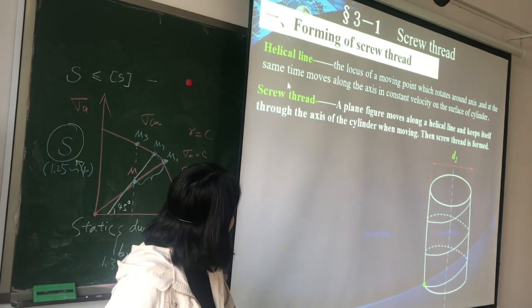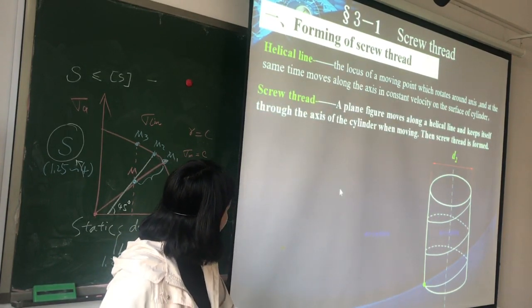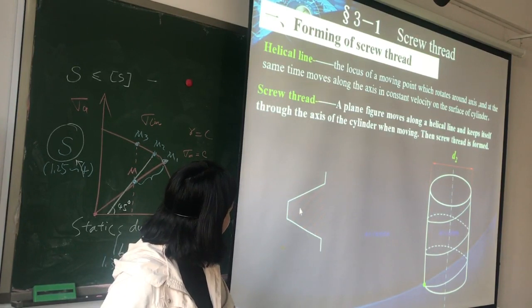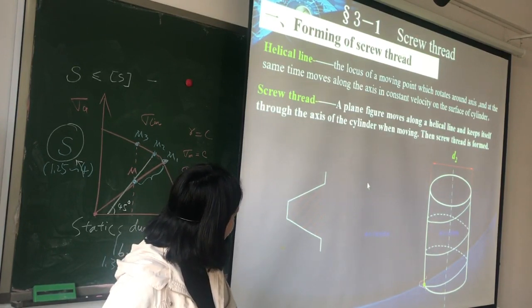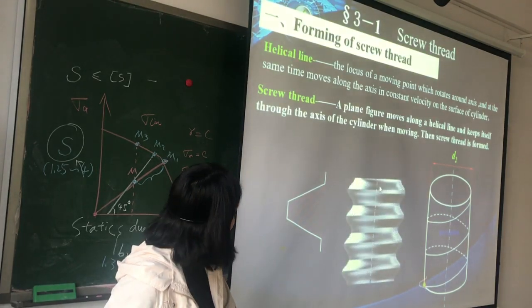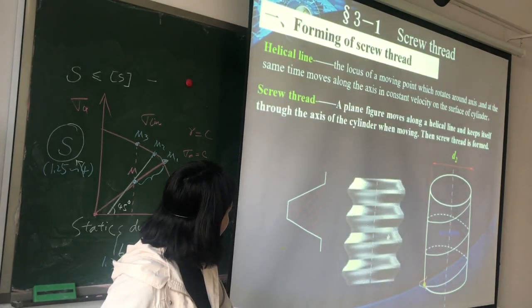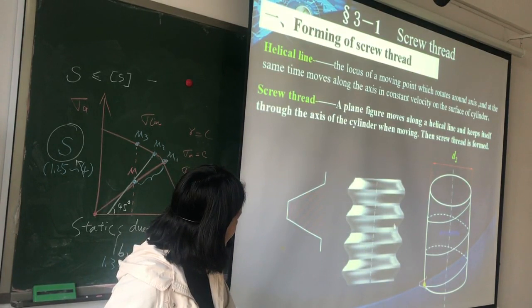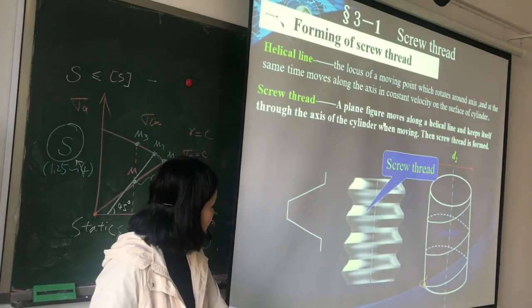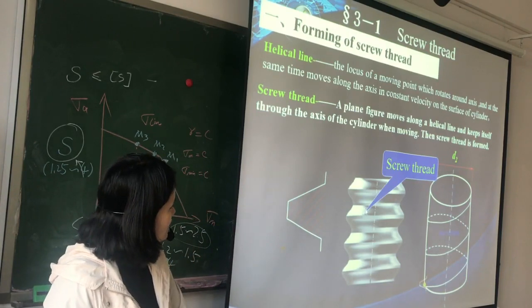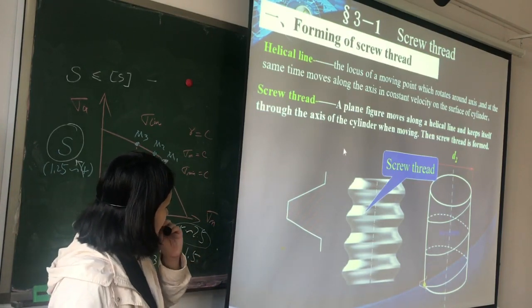The screw thread is formed when a plane figure moves along a helical line and cuts itself through the axis of the cylinder while moving. This is the screw thread.